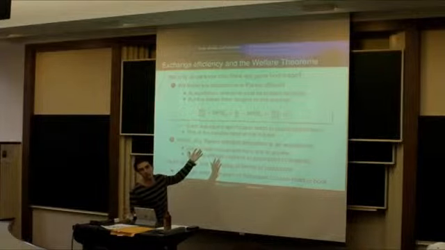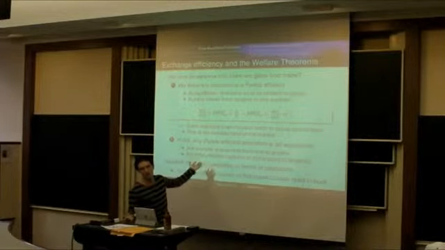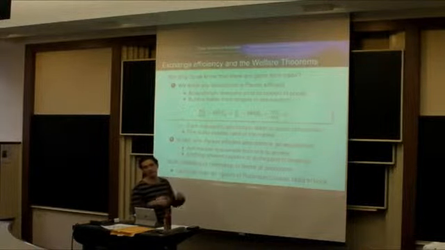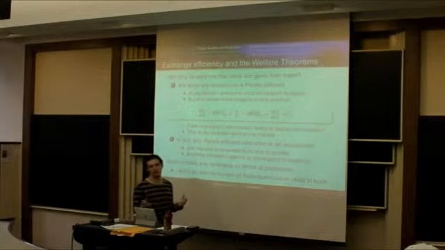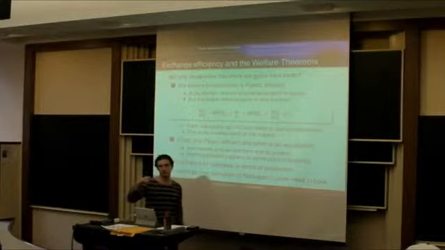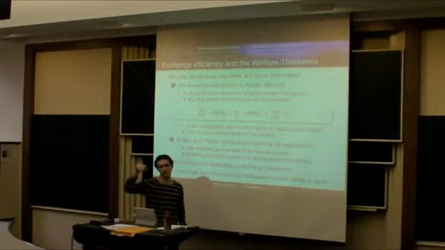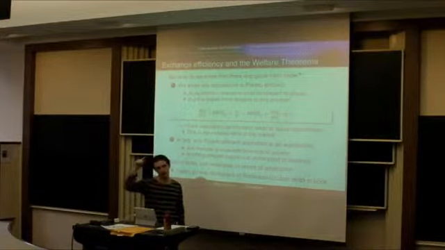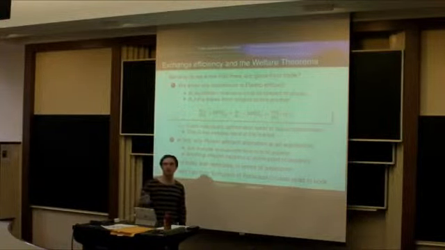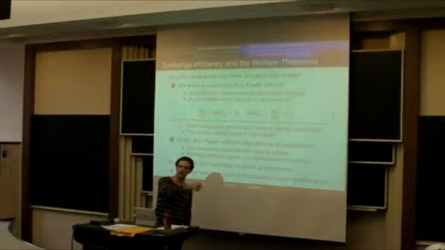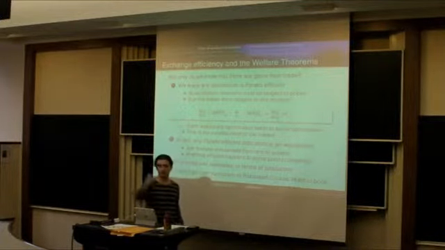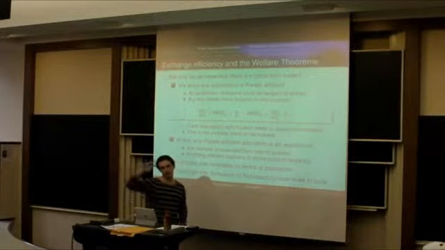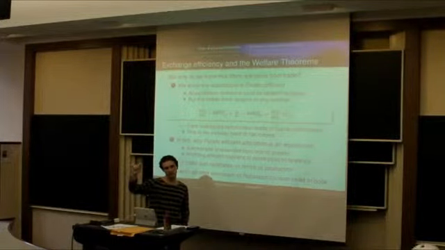And those are the general conditions for efficiency in a general economy, right? And so those conditions will always hold because everyone is going to set their own ratio of marginal utilities to the ratio of prices. And that's exactly what society wants to do, is equate everyone's marginal rate of substitution. Because they want the amount of utility we get from any given person to be the same across any two goods as it is for any other person, right? Otherwise, there would be a way to make them both better off.